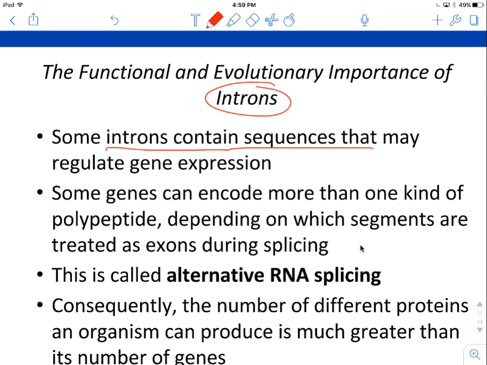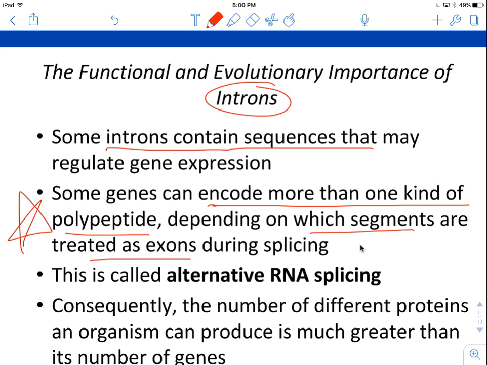Some genes can encode more than one polypeptide, depending on which segments are treated as exons during splicing. So what this is saying, and this is really kind of cool, so listen up, is that one gene can code for more than one protein.